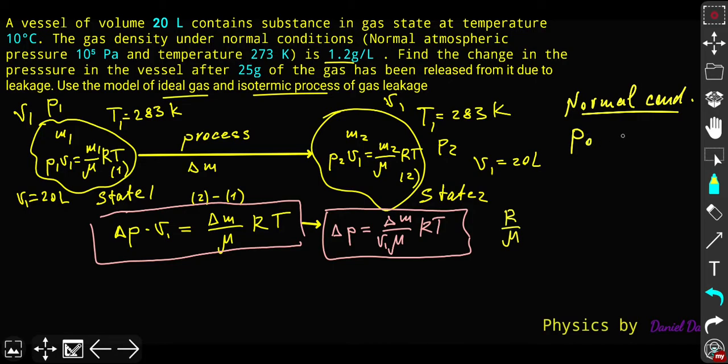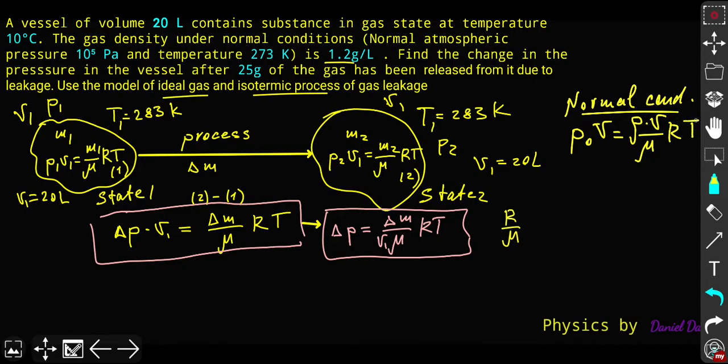P0, normal pressure, times volume, let's take the same volume, equals, no matter which volume you take, mass over molar mass, which we can express as density times volume over the molar mass, and times the rest, RT.